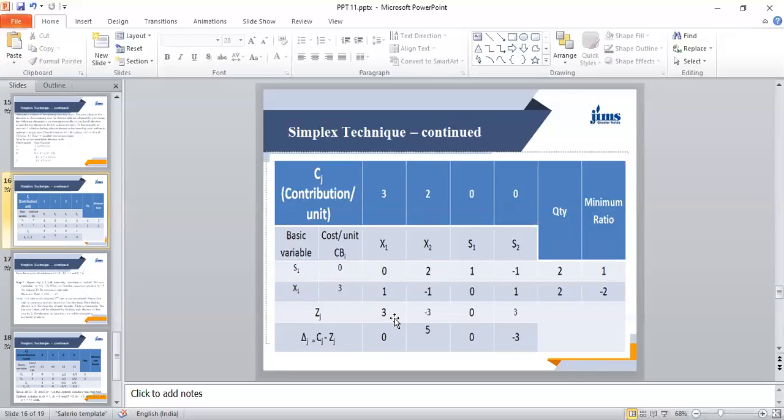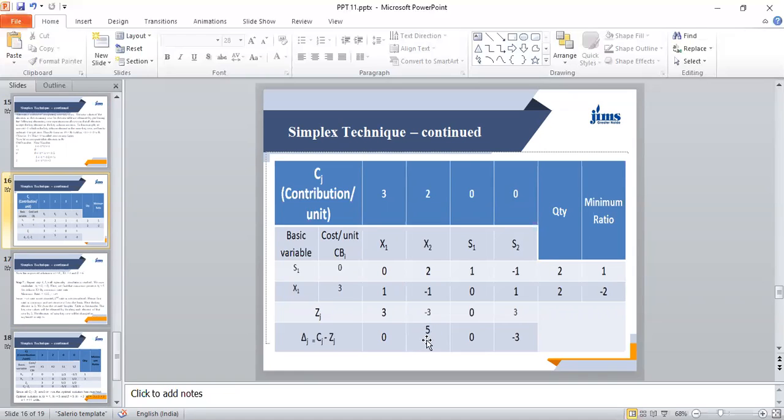But we find that there is still a scope of improvement. And what is the profit again? Here it says that there is a possibility of introducing X2 unit, and you will earn a profit because this value is positive.